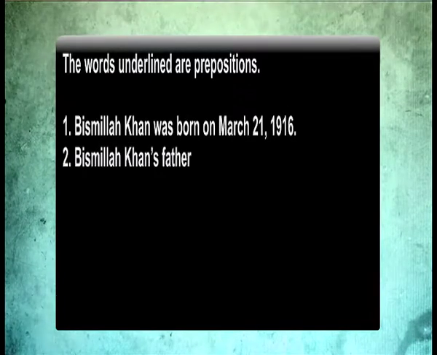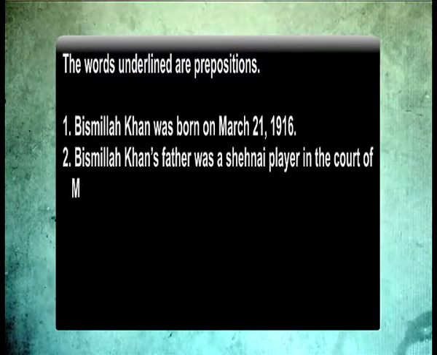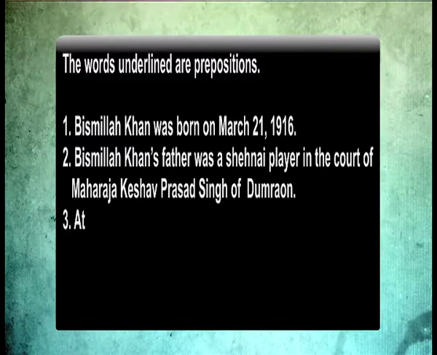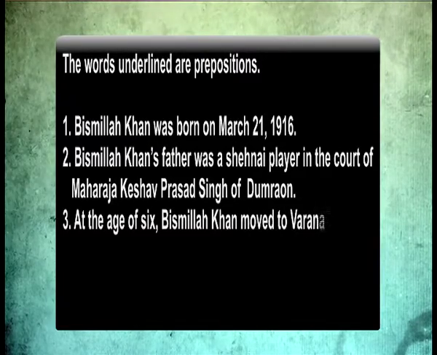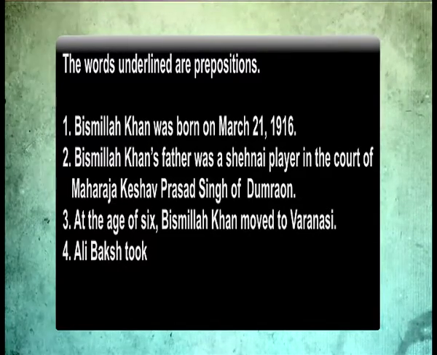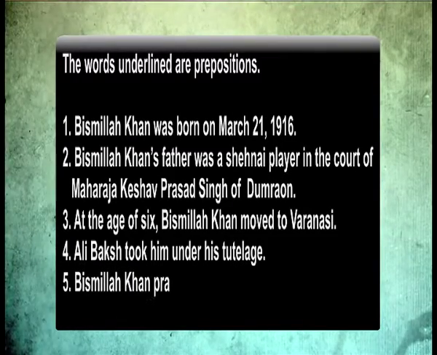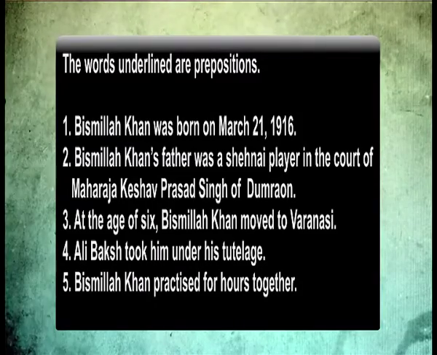Number 2, Bismillah Khan's father was a Shehnai player in the court of Maharaja Keshav Prasad Singh of Dumrao. Number 3, at the age of 6, Bismillah Khan moved to Varanasi. At. Number 4, Ali Baksh took him under his tutelage. Under. Number 5, Bismillah Khan practiced for hours together. For.